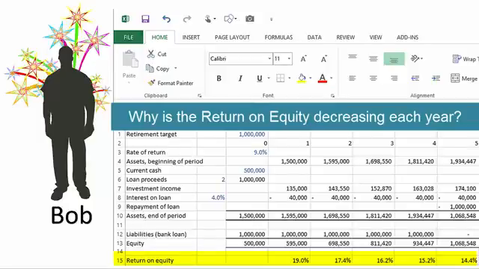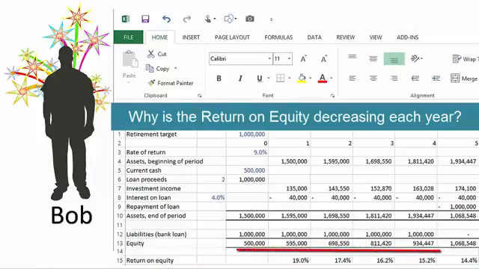Here's a question to test your understanding. Why is the return on equity decreasing? The answer is because the capital structure is slowly getting thicker with equity, while the balance of debt remains the same. In other words, the firm is deleveraging even though it's not paying back any of the debt until the end of year 5.